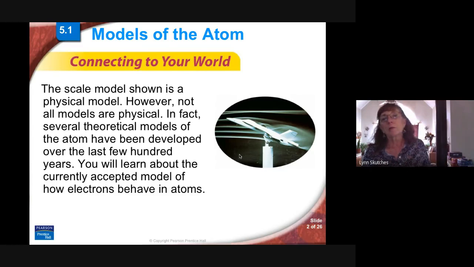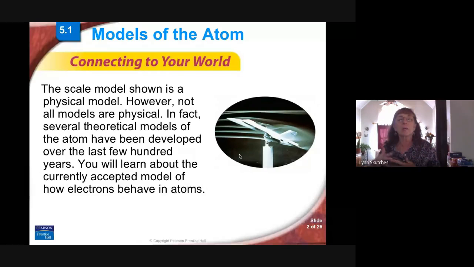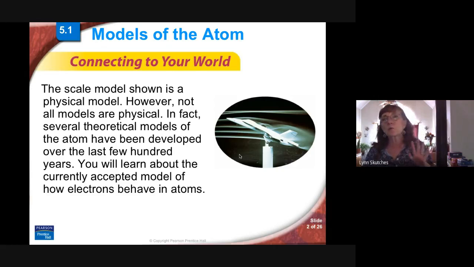That's a physical model. Another kind of model is what meteorologists use all the time to talk about weather and make predictions. So when they're trying to predict where a hurricane is going to go, they take into account past data on temperatures, humidity, wind patterns, ocean temperatures, atmospheric temperatures, all different things.